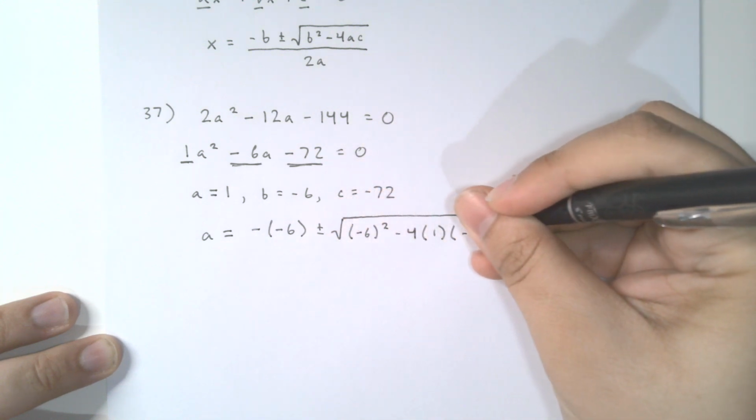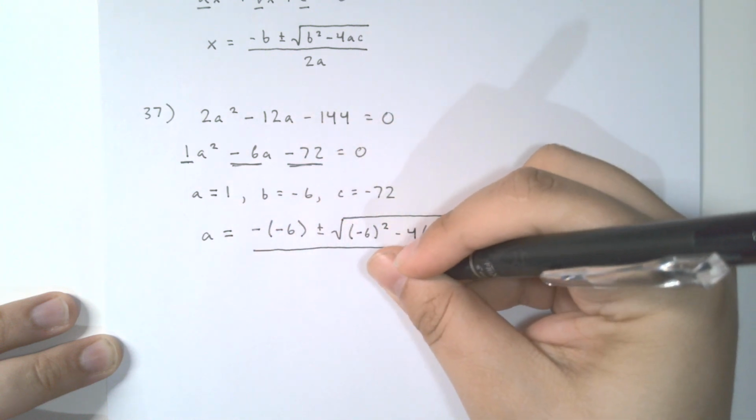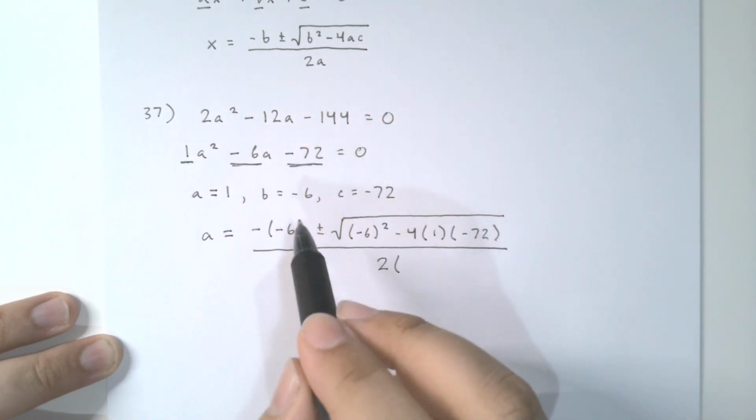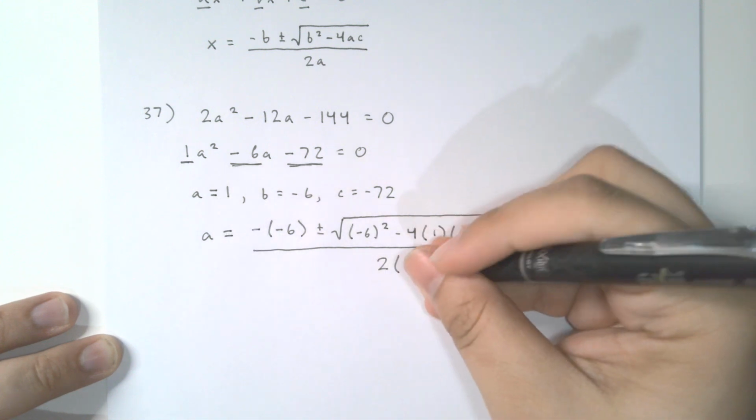So the square root of all of that, all over 2 times our coefficient a here, so 1.